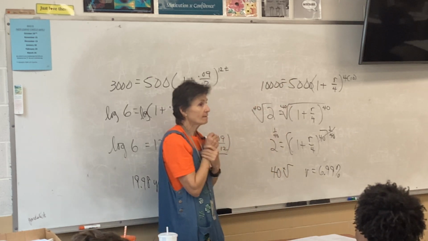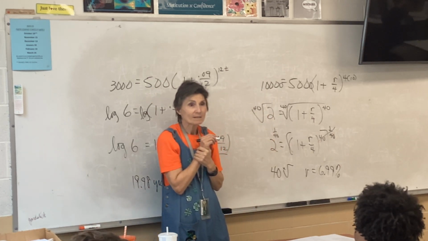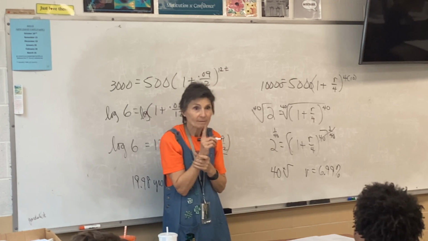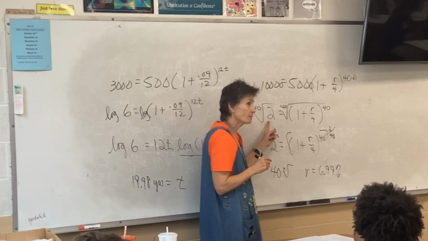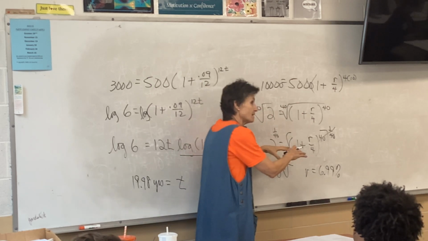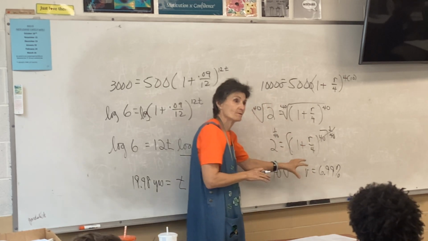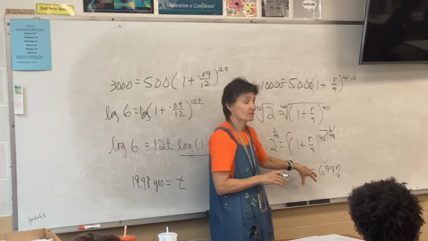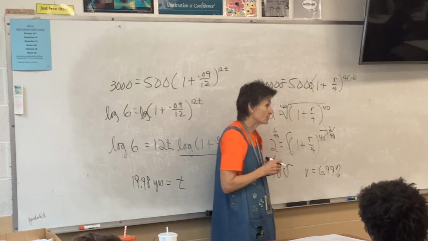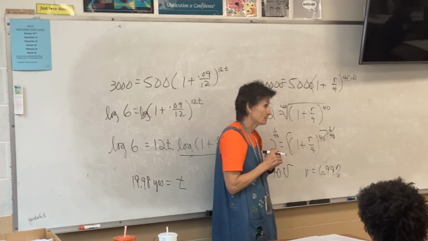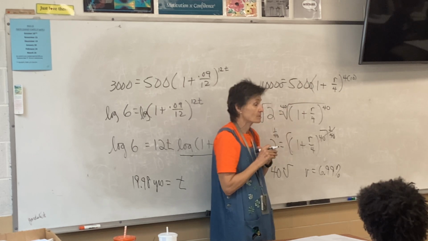Would that change anything? No, it wouldn't make a difference, because the first step is division. And if this is double that, then this is gonna be a 2 again. So this isn't only the interest rate required to double $500. This is the interest rate that will double any investment in 10 years compounded quarterly.